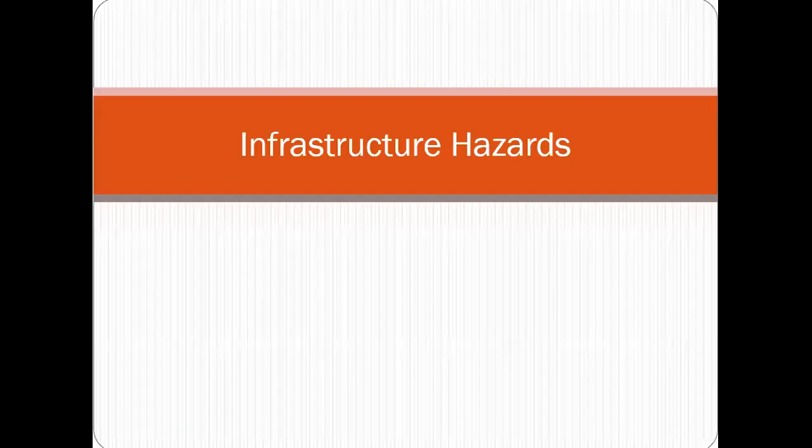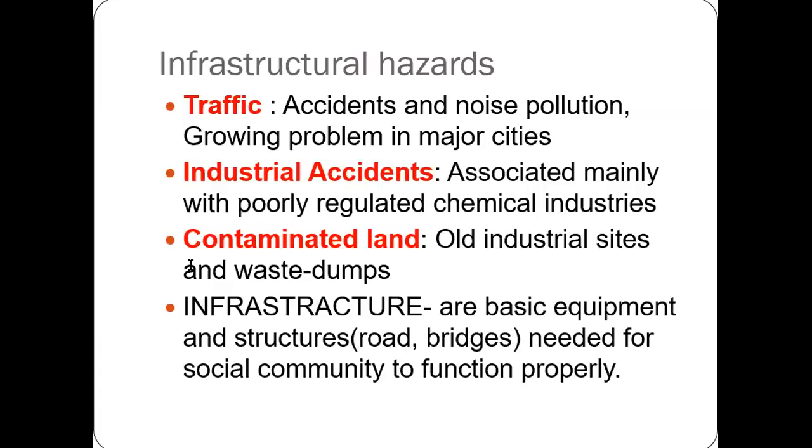Another type of hazard is infrastructure hazard. So what are infrastructure hazards? Infrastructure, as defined, are basic equipment and structures such as roads, bridges, buildings, and houses needed for a social community to function properly. So infrastructure hazards such as traffic can lead to accidents, and noise pollution, which becomes a growing problem in major cities in our country.